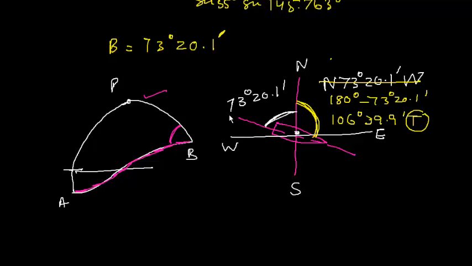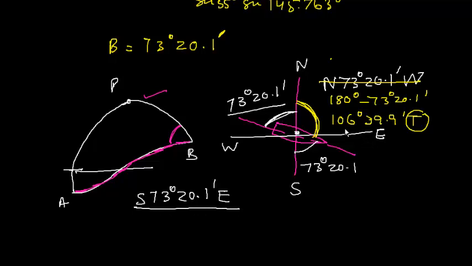Or if I need to put it in terms of south, then this angle is also equal to this angle, which is 73 degrees 20.1 minutes. So I can write that the final course is south 73 degrees 20.1 minutes east, or in three-digit notation this is 106 degrees 39.9 minutes.